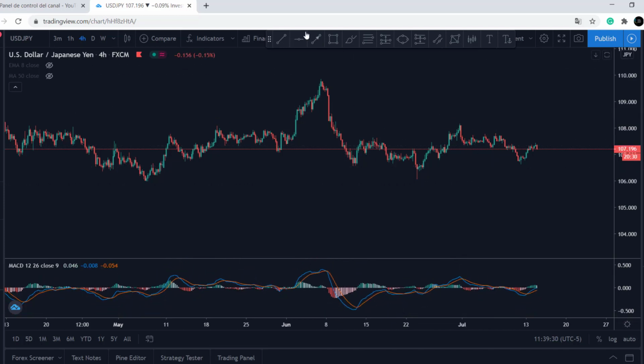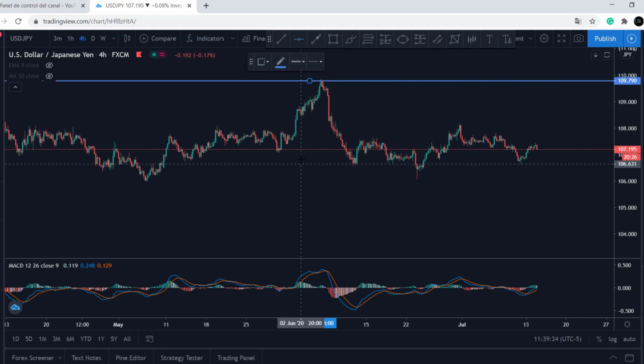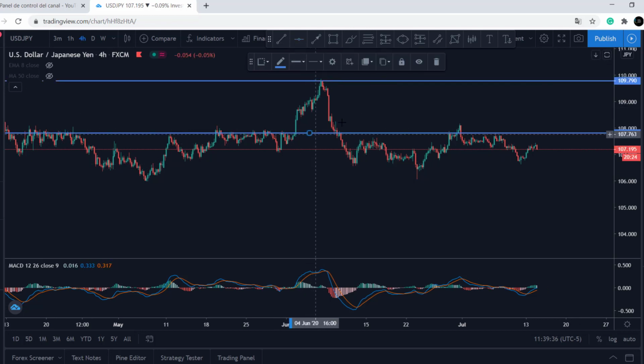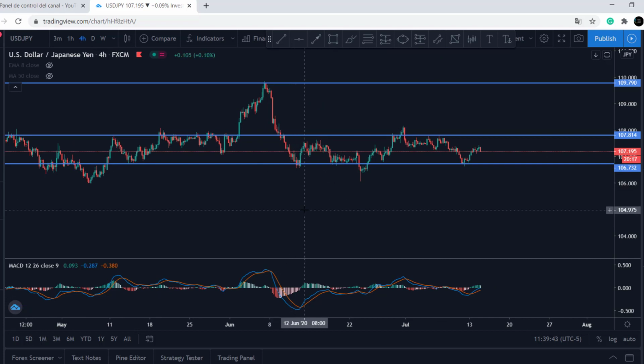So go real quick, here we have this, alright. Currently we can say that our market is in consolidation zone.